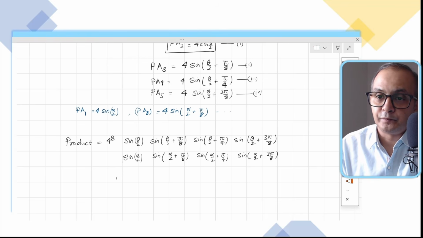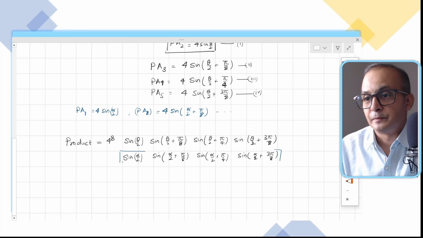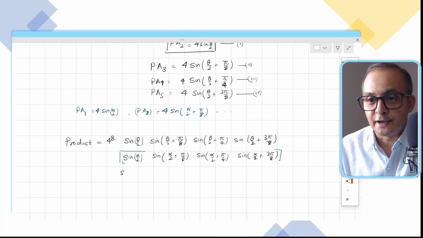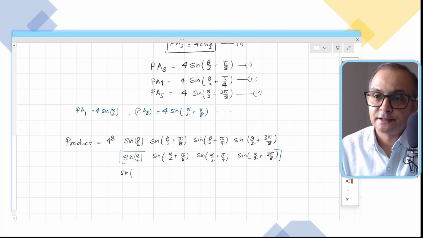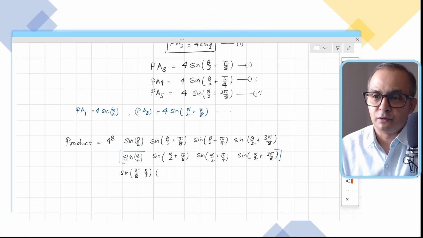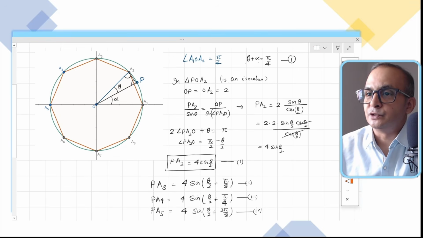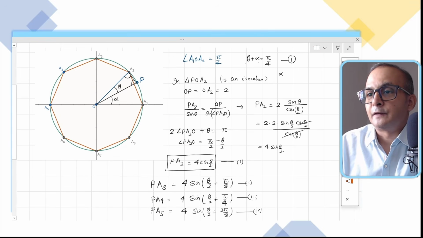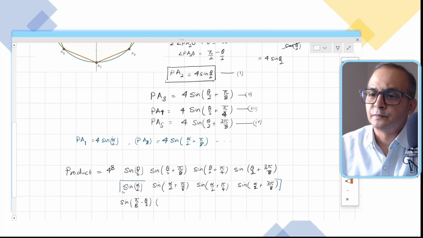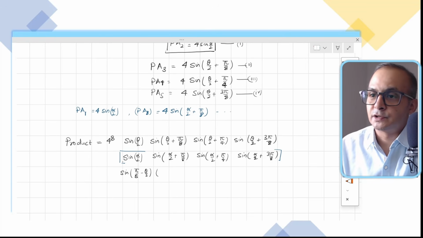So this is going to be replaced. I'm just making this thing in a bracket so that it is not useful further. So what I'm going to do is sine of pi by 4 minus theta, so it'll become pi by 8 minus theta by 2. So what is alpha by 2? Alpha by 2 will be pi by 8 minus theta by 2, so that will be convenient. So alpha is, by the way, pi by 8 minus theta by 2.